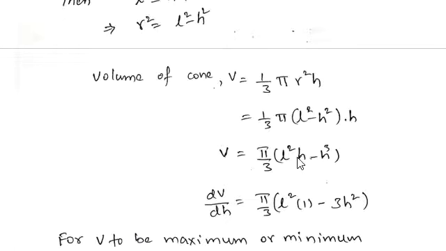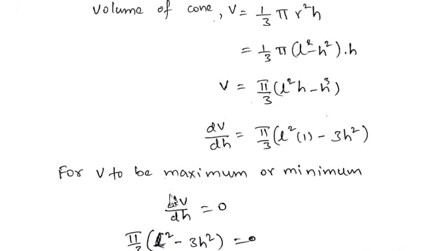If you differentiate with respect to h, pi by 3 is a constant, L square is also constant, d by dh of h is 1, and for h cube it is 3h square, from the simple formula for x power n, n x power n minus 1. So this is dv by dh. For v to be maximum or minimum, dv by dh should be 0.